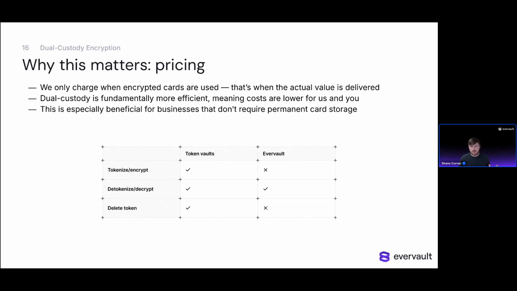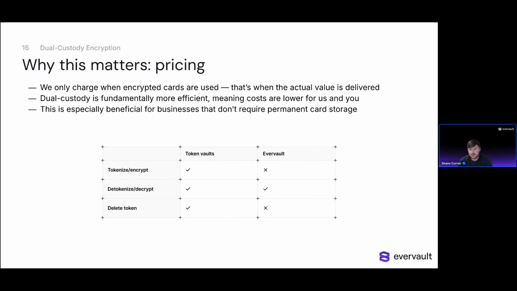There's a bit more nuance to it than this simple table, but in practice, because there's no infrastructure costs, and in fact we don't even know when a card is encrypted, with dual custody encryption there's no cost for encrypting data. So if you have a use case where you're collecting many, many cards, but you don't know for sure when those cards are going to be charged, it's a much more friendly pricing model because you're not paying based on the size of your card database.